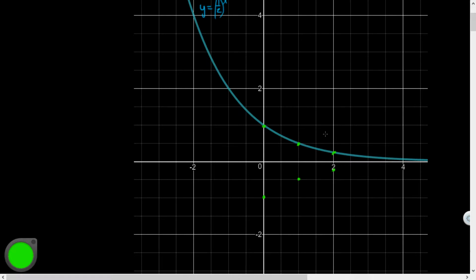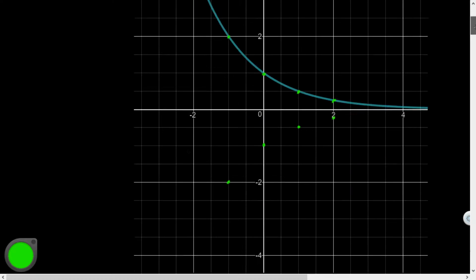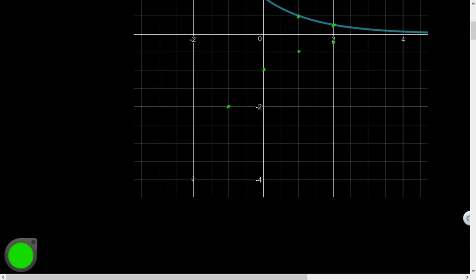Any theories as to what multiplying by a negative is going to do to our graph? Yeah, it's going to flip it over the x-axis. Here, it had a y value of 2. Multiplying 2 by -1 brings us to -2. And here it had a y value of 4. Multiplying that by -1 would bring me down to -4.